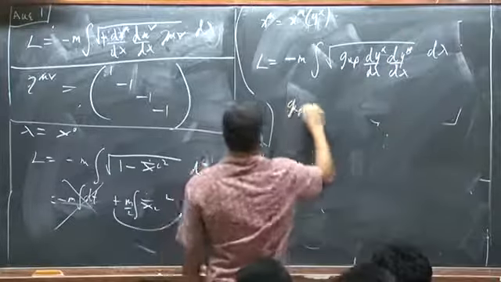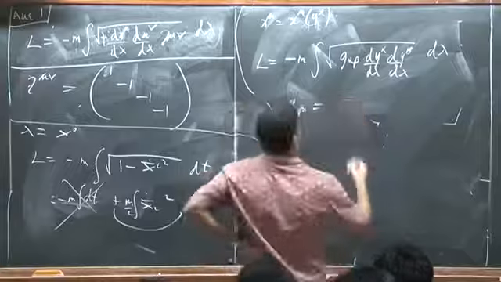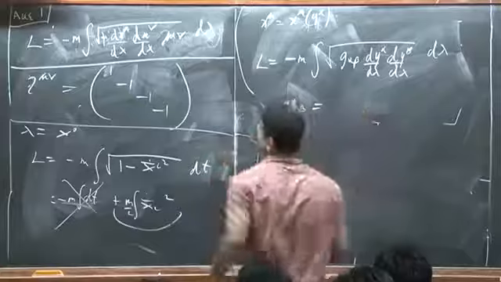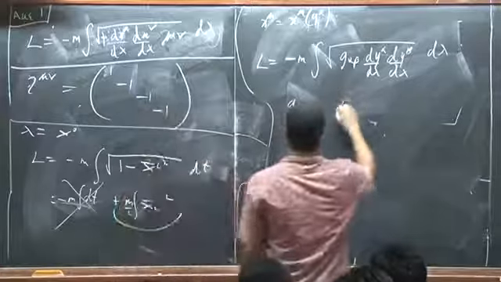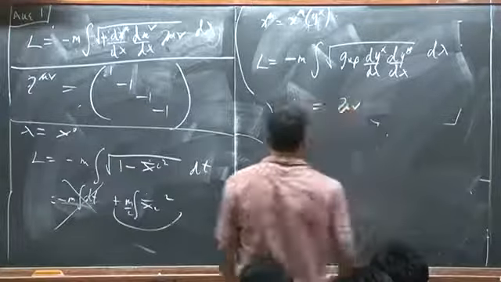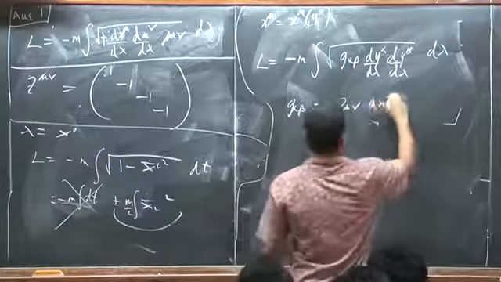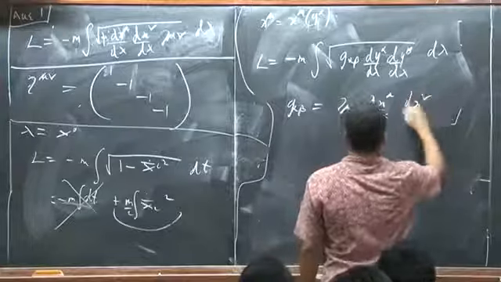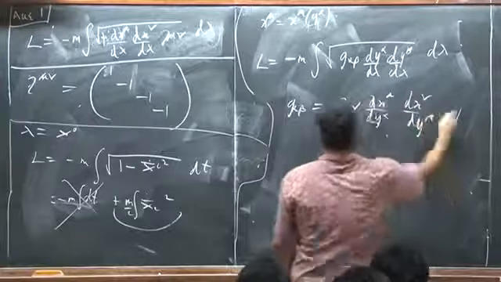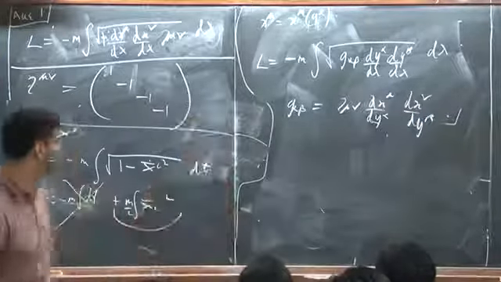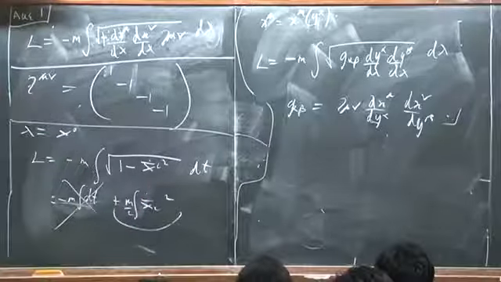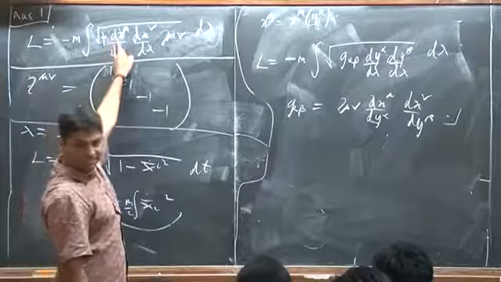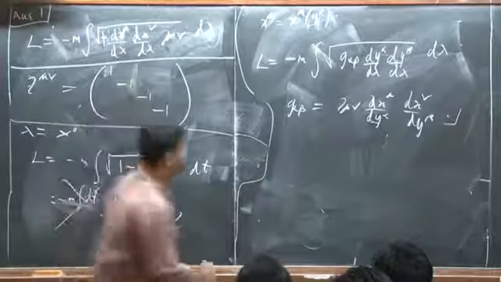Where g alpha beta is equal to eta mu nu dx mu by dy alpha dx nu by dy beta. Okay, I get this by using the chain rule of differentiation.